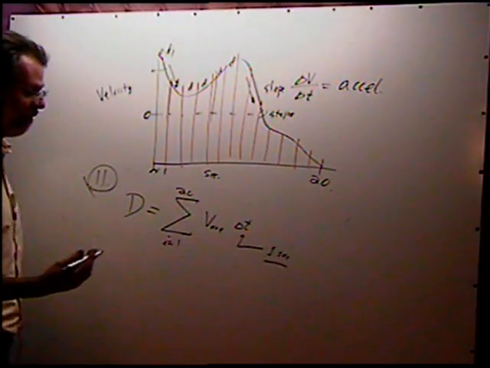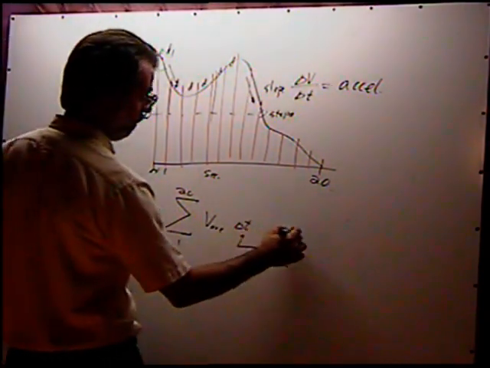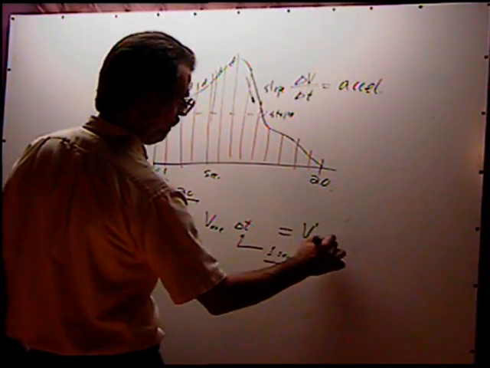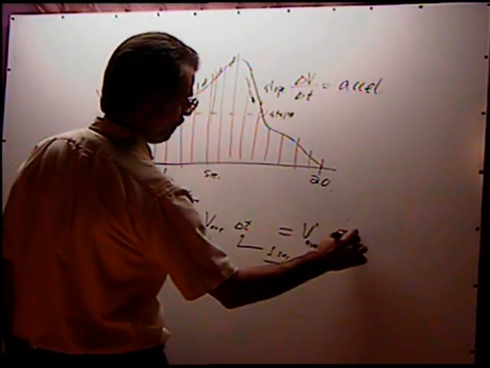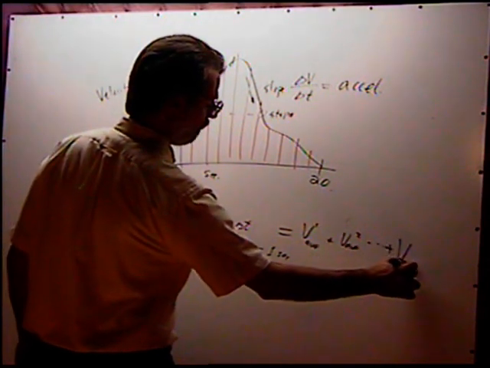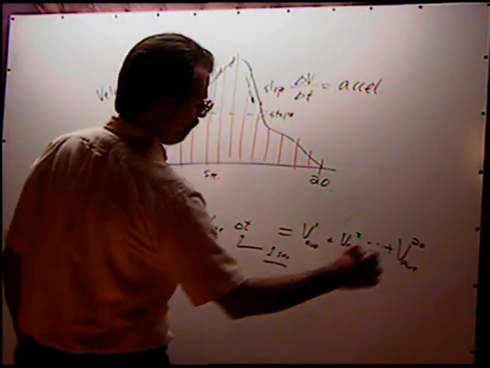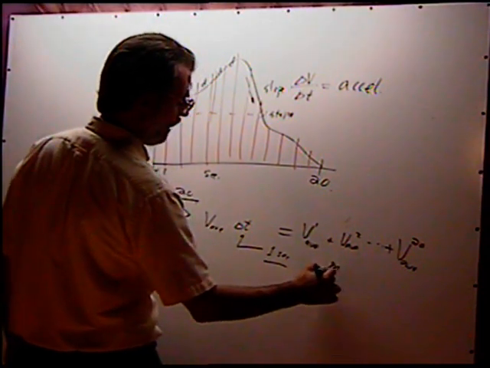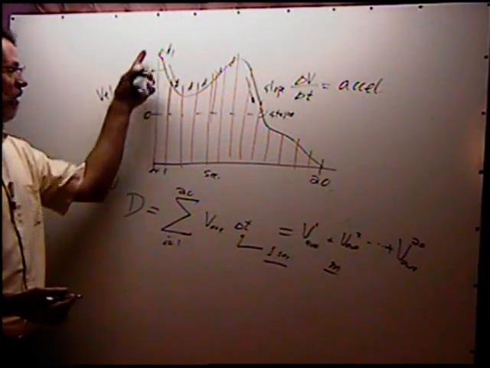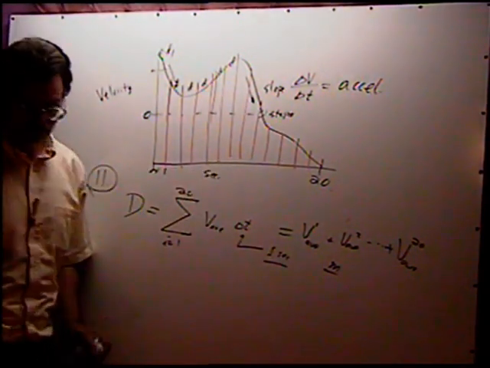And what this ends up being numerically is simply the sum of the average velocity during number 1 plus the average velocity during number 2 plus all the way up to the average velocity in second number 20, and it's equal to that many meters. So that would be the total distance traveled throughout this entire graph.